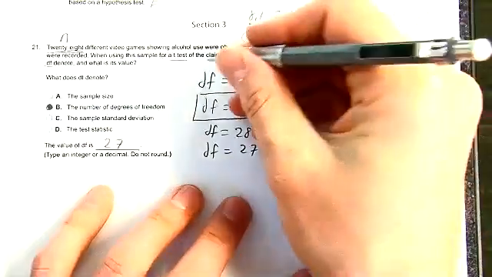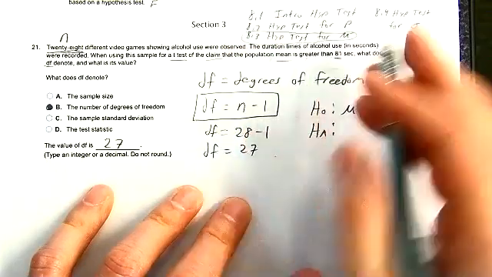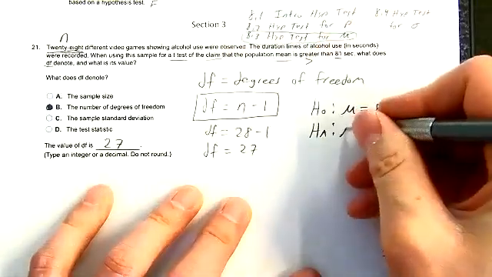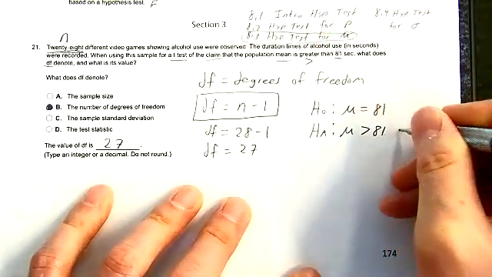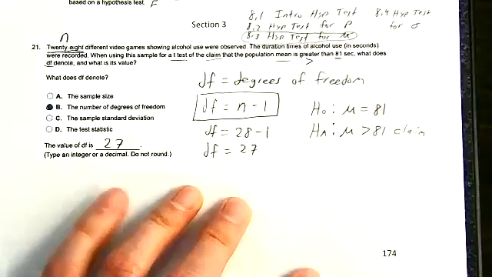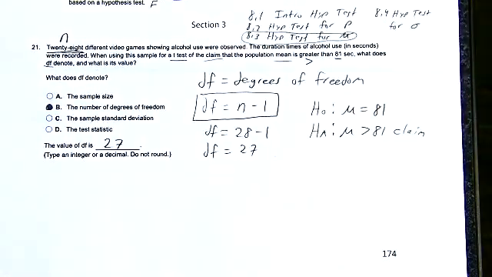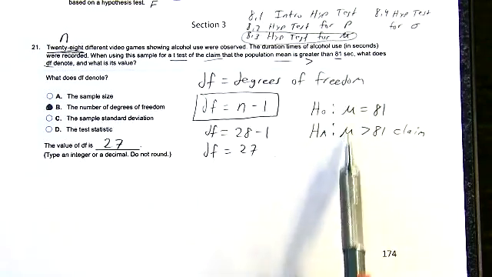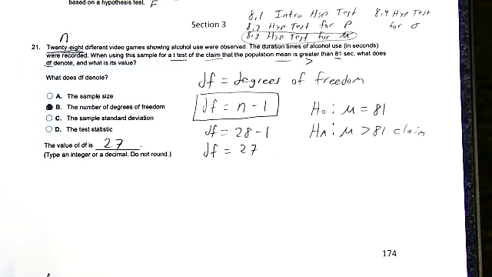Their claim is that the mean is greater than 81, so this would be mu greater than 81, and that's their claim. We don't need that for this problem, but it's good practice because we're going to have to set this hypothesis test up for many problems throughout this section.